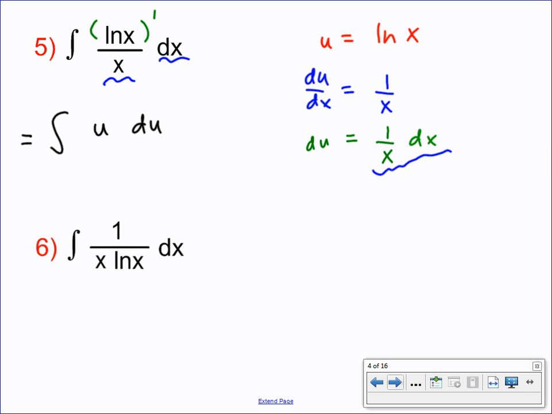Well, I'd add 1 to the exponent and divide by the new exponent. This is equivalent to u squared over 2 plus c, which in turn would equal my original ln of x, quantity squared over 2 plus c, which would equal ln squared x over 2 plus c.